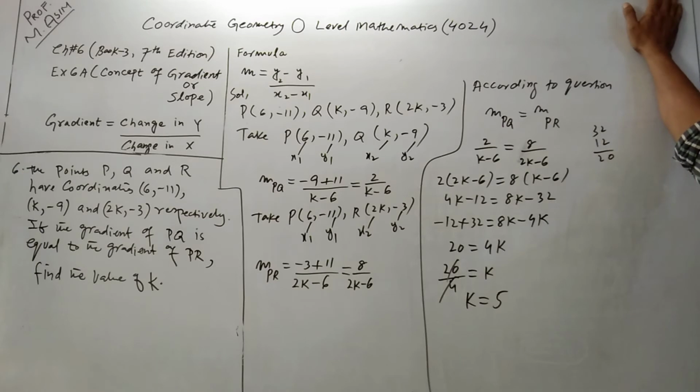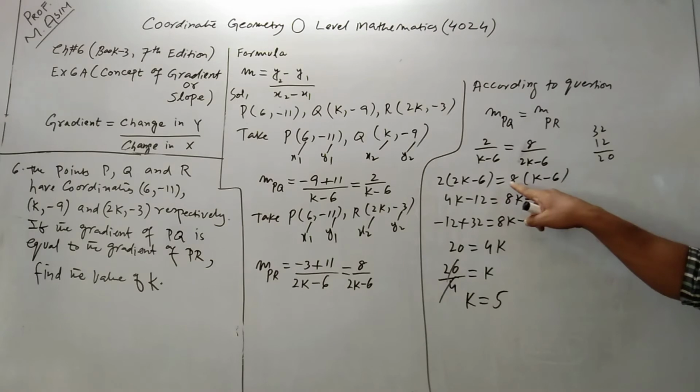And PR: minus 3 plus 11, 2K minus 6. 11 minus 3 is this, 8 upon 2K minus 6. Now, oh, there is a mistake.